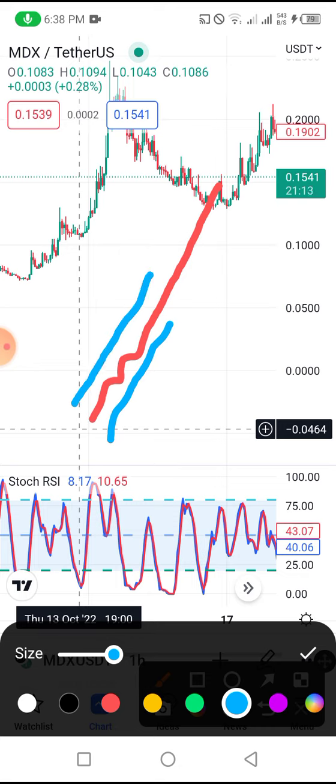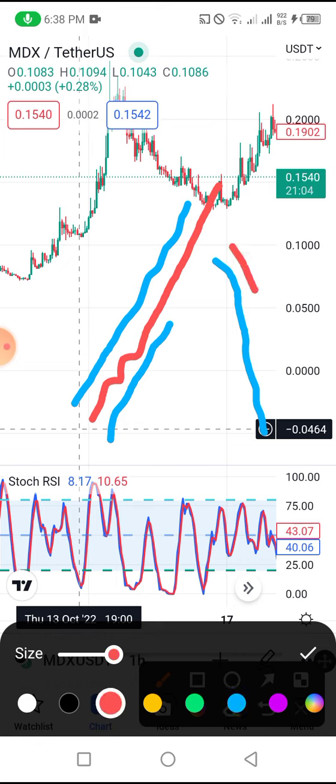The blue line will be running on top of the red line. In a downtrend, the blue line runs below the red line. This is how they will be moving. So in a downtrend you'll find the blue one is inside and the red one is out; in an uptrend, the blue one is out and the red one is in.